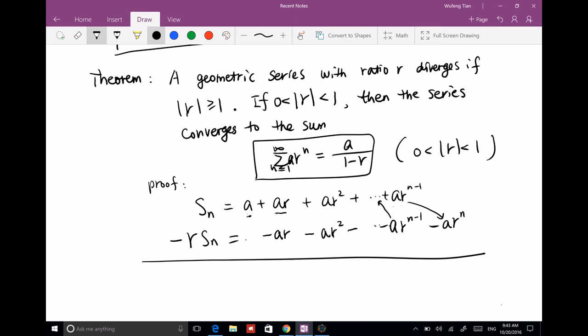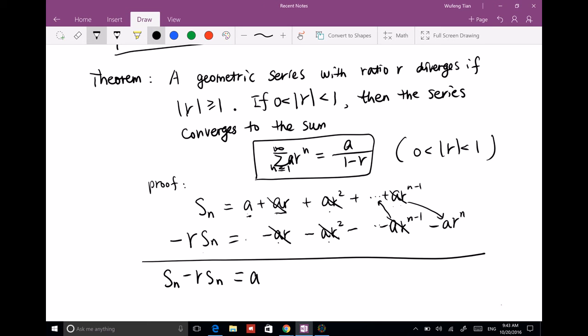So you add it. Sn minus R times Sn. A, there's nothing here, so it's still A. AR plus negative AR canceled out. AR squared plus negative AR squared canceled out. Everything canceled out.